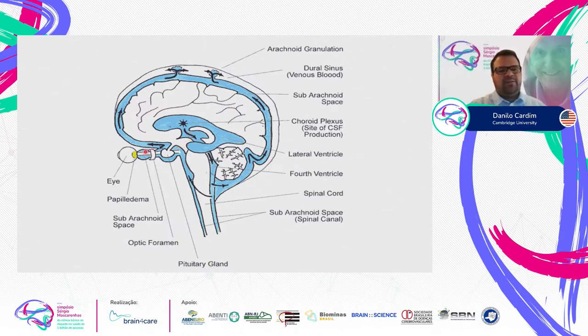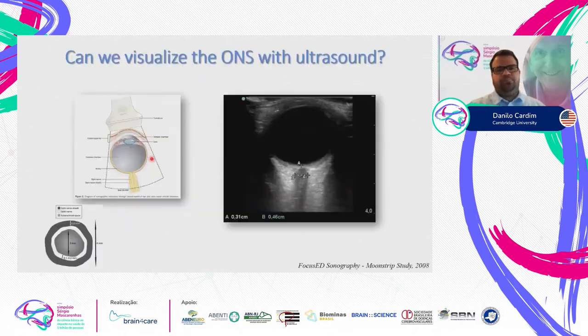So this will be reflected as a dilation of the optic nerve sheath diameter. So that's why we can utilize certain anatomical features, for example, the diameter of the optic nerve, to correlate with intracranial pressure values, because when there are increases in pressure, this is translated into increases in diameter of the optic nerve sheath.